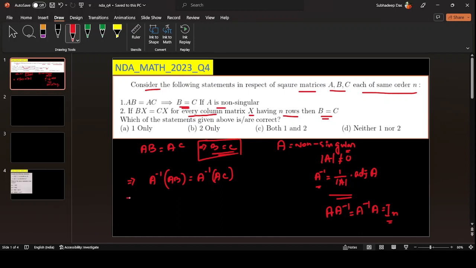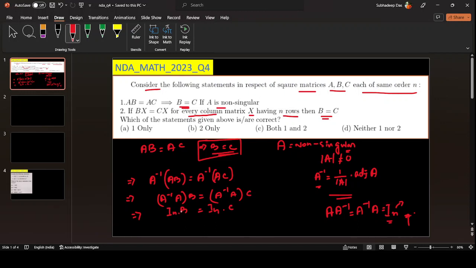As the matrix multiplication is associative, we can write A inverse A into B equals A inverse A into C. Since A inverse A equals I, we can write In into B equals In into C. Moreover, this identity matrix acts like a one in our natural numbers, because if we multiply anything with this matrix, it gives us the same matrix.